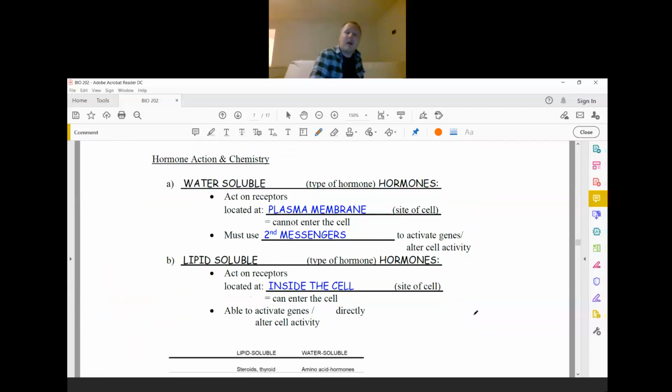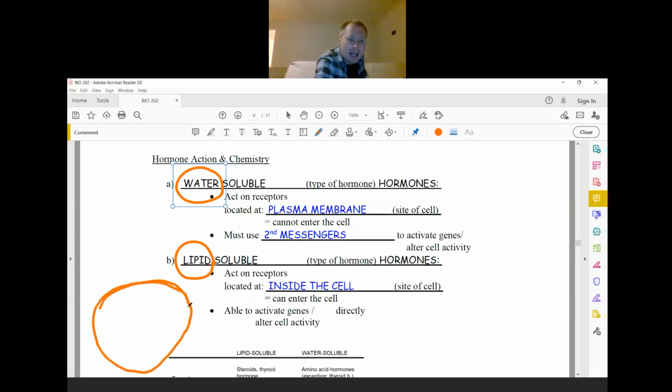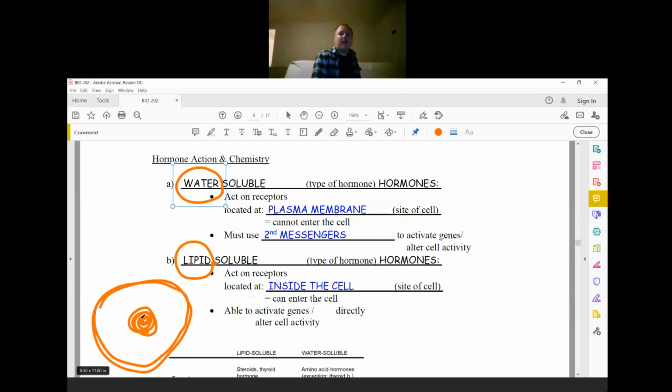And this brings us to talk about how not all hormones are alike. Some hormones are water soluble, whereas others are lipid soluble. And that reminds us about the cell membrane of animal cells. The phospholipid bilayer. You remember that the outermost layer of the cells is made of lipids. Well, if your hormone is water soluble, there's no way that it can cross this lipid membrane.